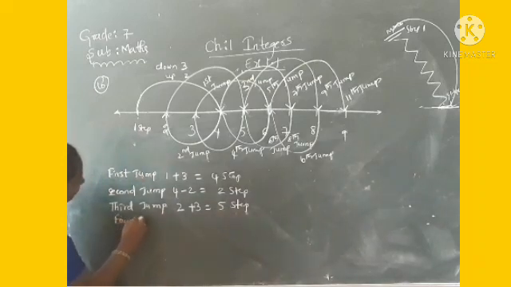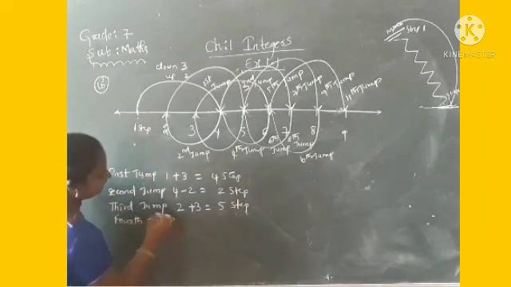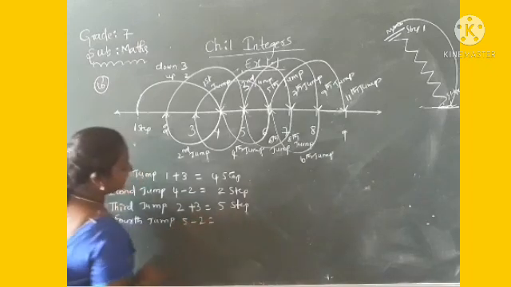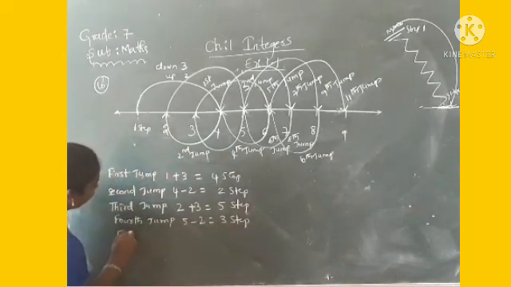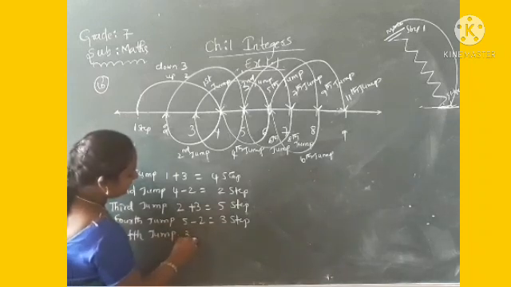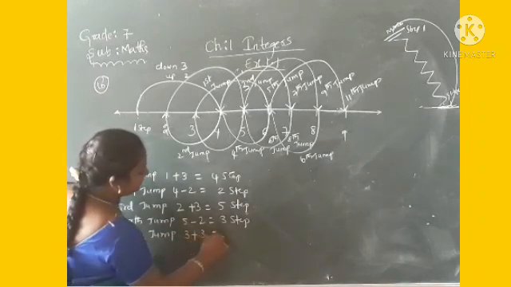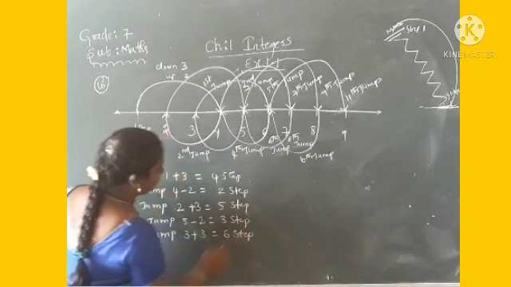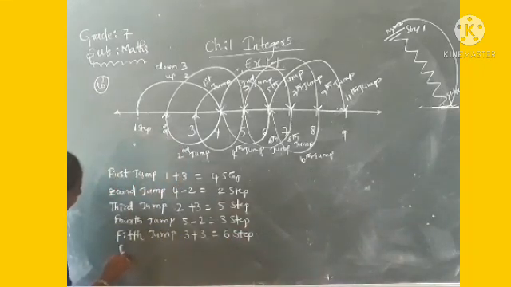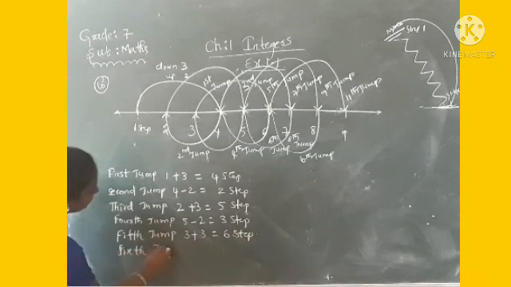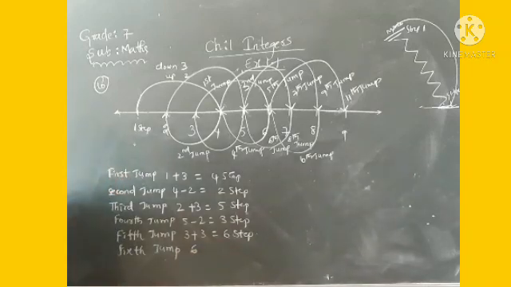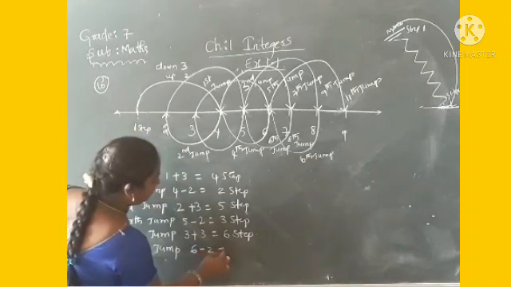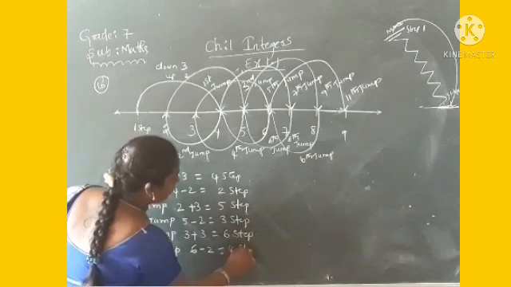Similarly, fourth jump, 5 minus 2 steps up. That is third step. And fifth jump, from step 3 plus 3 steps, that is step 6. And the sixth jump, step 6 with 2 steps up, that is 6 minus 2 is 4.